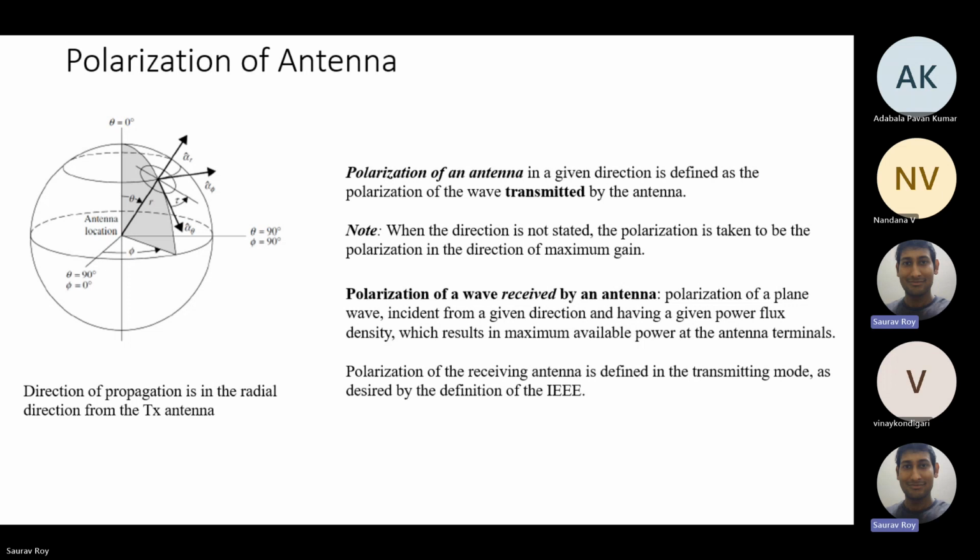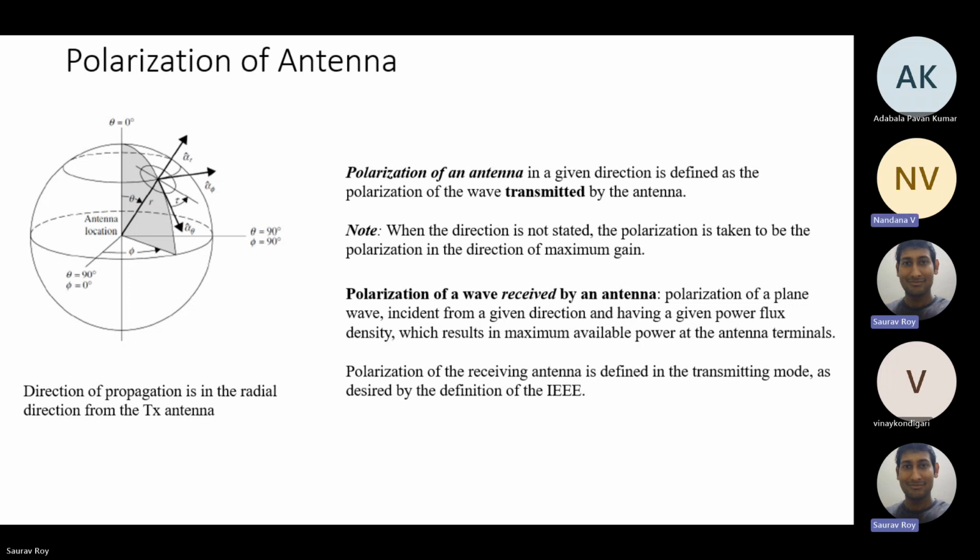Is this portion clear? Just below the picture it is written that the direction of propagation is in the radial direction from the transmit antenna. The antenna is at the center of the sphere. I hope you understand this. Is it clear? Yes, sir.